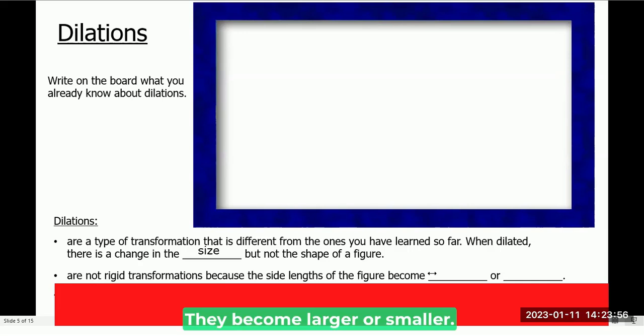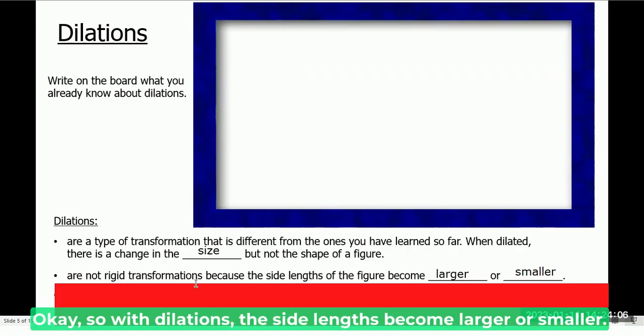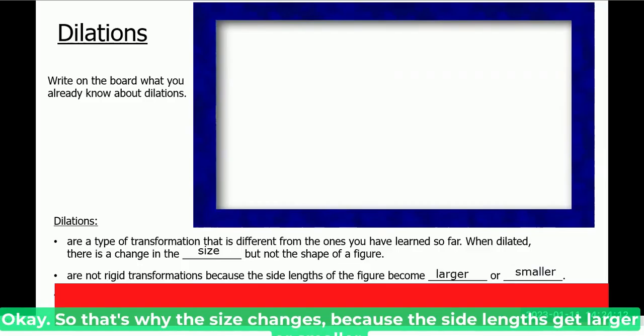They become larger or smaller. So with dilations, the side lengths become larger or smaller. That's why the size changes, because the side lengths get larger or smaller.